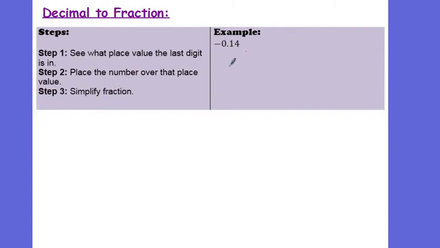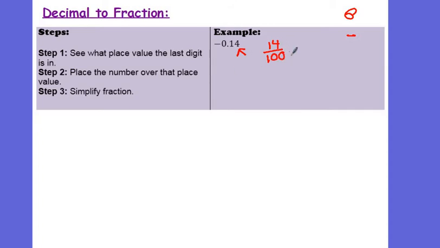Alright, so here is our example. Step 1, see what place value the last digit is in. The last digit is in the hundredths place. So I need to put that number over 100. I know my final answer is going to be a negative, so I won't worry about that right now. So 14 over 100.